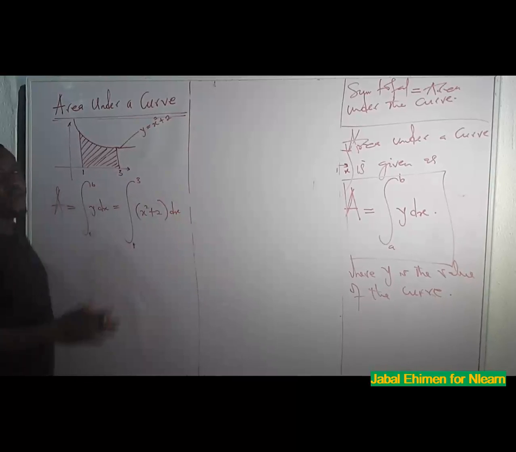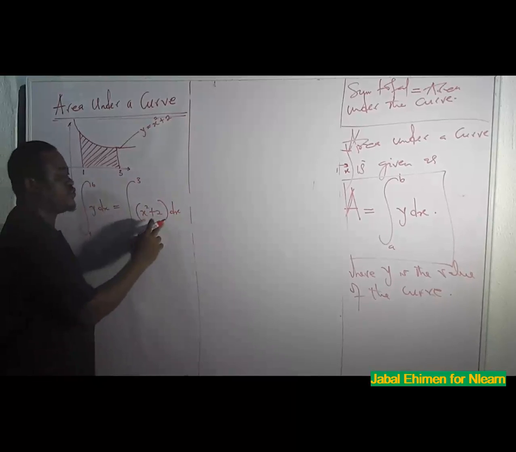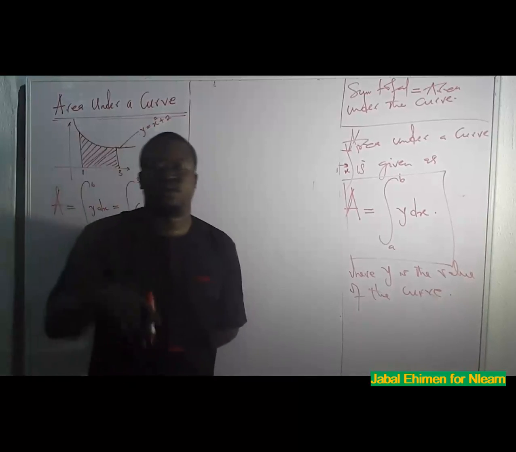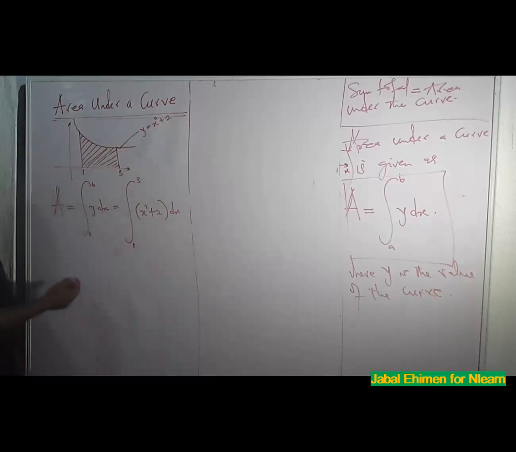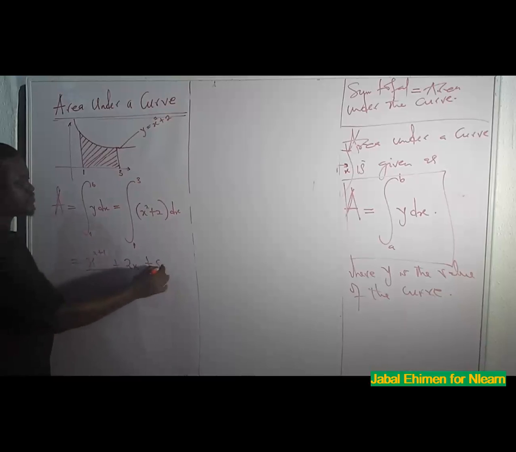So what we're doing now is to integrate the value. We are already used to integration. I want to integrate x squared plus 2. Integrating x squared plus 2 will give us x to the power 2 plus 1 over 2 plus 1, plus 2x, plus c.